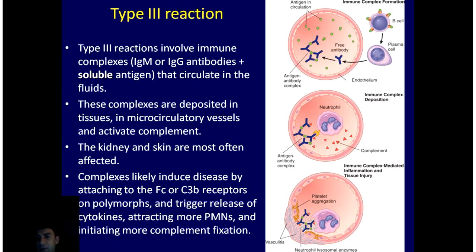Here, due to some reason, it is not happening, either due to specific structure or maybe due to a specific size of the complex or charge, and the result is that the not removed complexes circulate a little, and then they deposit into the tissue, where they result in stimulation of inflammatory response, of inflammation.